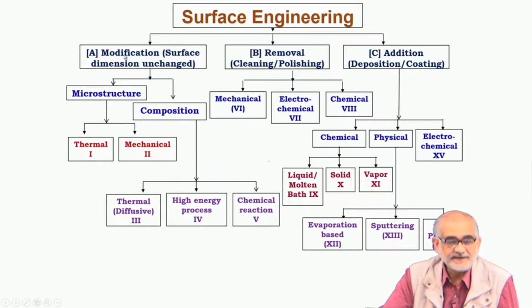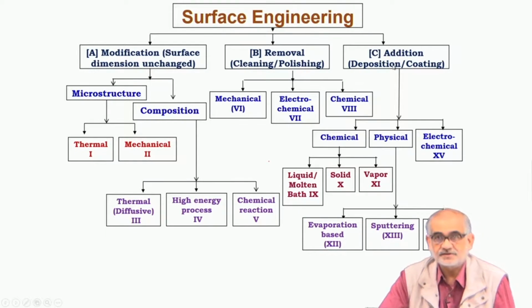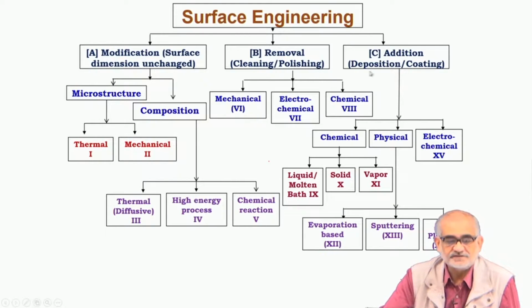So, in A we do not change the macroscopic dimension of the surface, for example thickness remains what it is. In B, the thickness reduces when we remove certain parts from the surface, and in C, when we add on, we certainly increase the thickness or certain dimension of the surface.